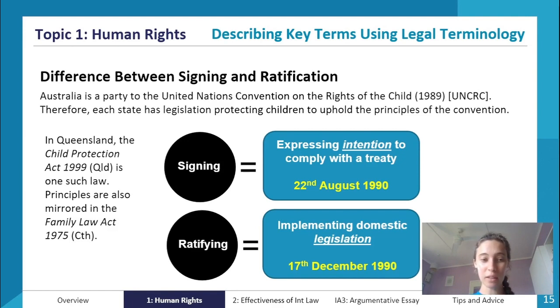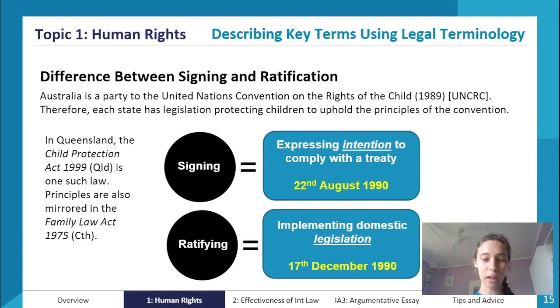So in Queensland, the Child Protection Act 1999 is an example of a piece of legislation that was passed to ensure that that convention was ratified.